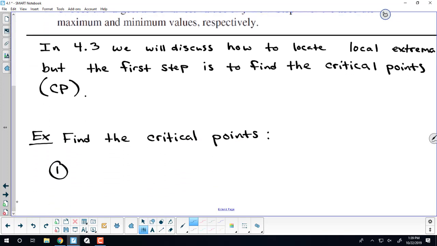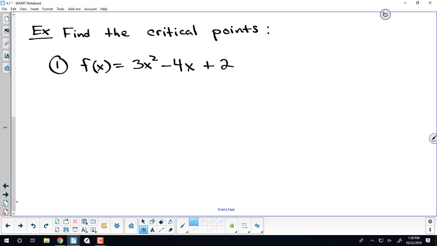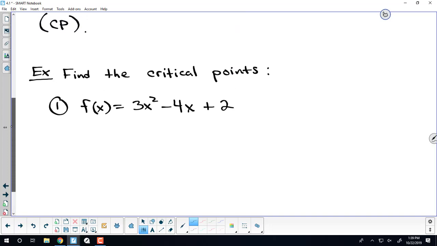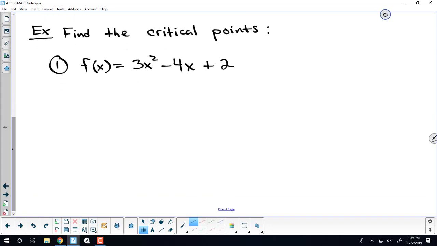So we'll start off with f of x equals 3x squared minus 4x plus 2. And just from algebra or pre-calc, we know quadratics will always have a minimum or a maximum value at their vertex.